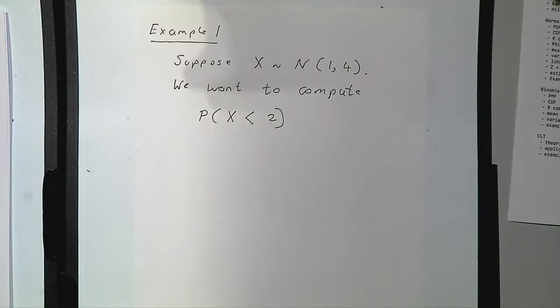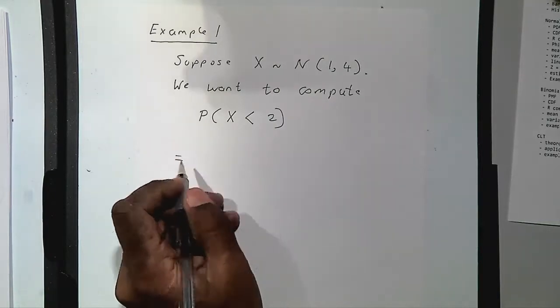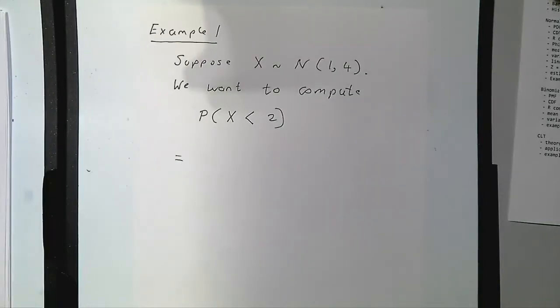Now, how do we go about this? To compute the probability that X is less than 2, the first thing you must do, guys, is to standardize the X. Now, remember, how do you standardize? I just explained to you a minute ago.